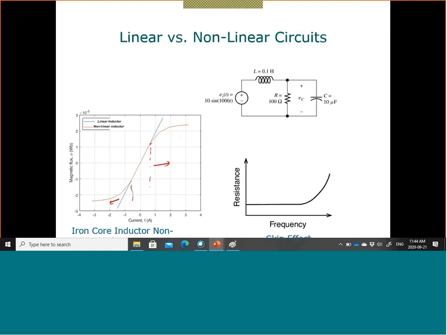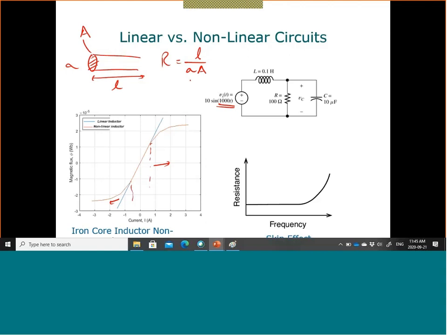If you have a piece of wire like this, with a cross-sectional area A, a length L and a conductivity sigma, your R is your length L divided by sigma times A. Okay, so this is how to find the resistance.